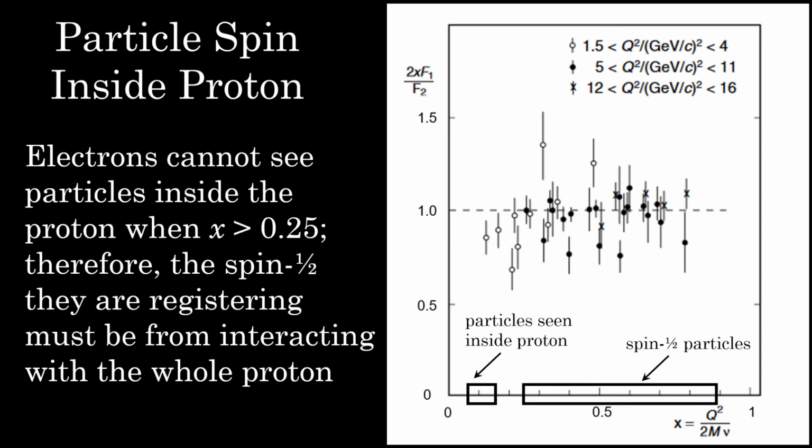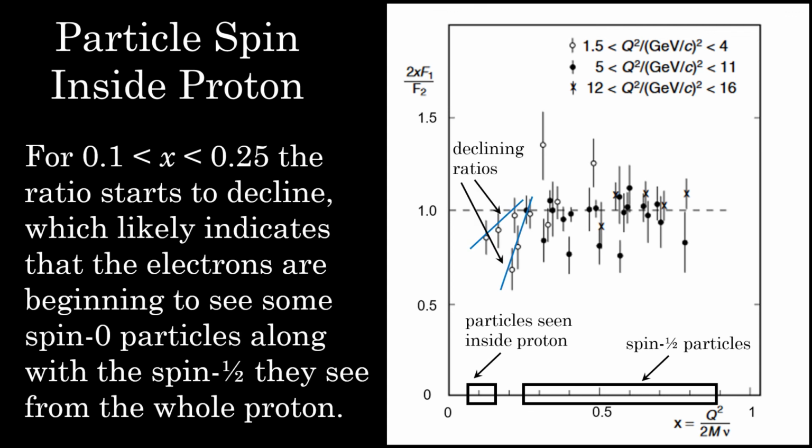However, the component particles of the proton appear to have a momentum fraction of x equals 0.11, less than the 0.25 where the ratio becomes 1. For the momentum fraction corresponding to the component particles, the ratio is less than 1, and as x approaches 0, appears to be getting smaller.